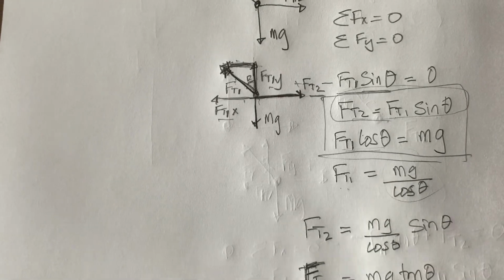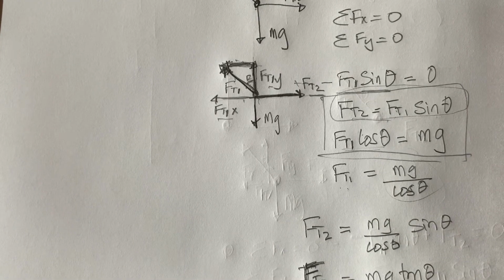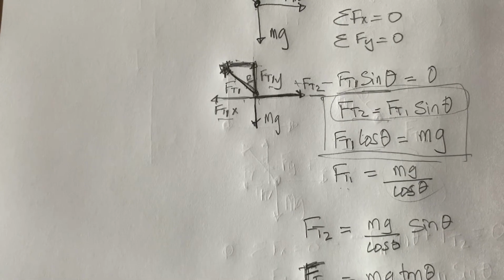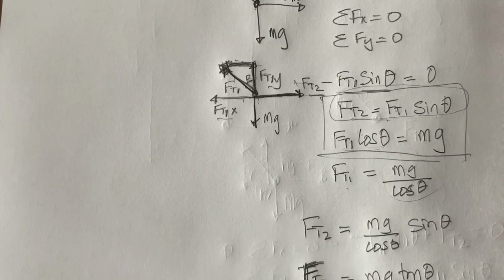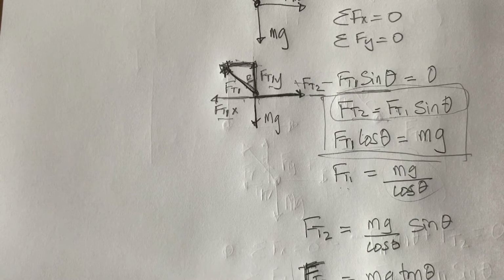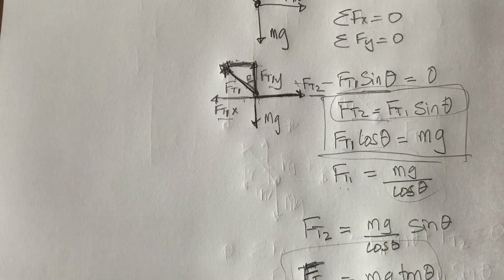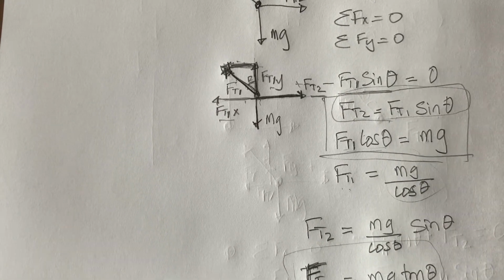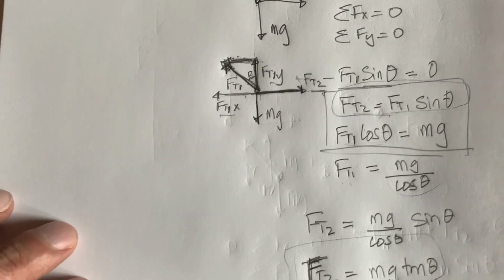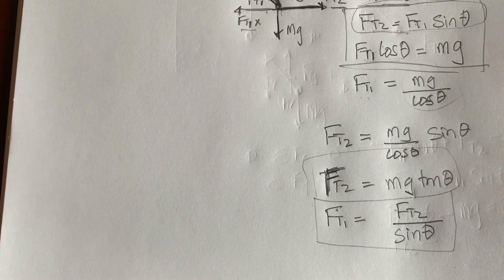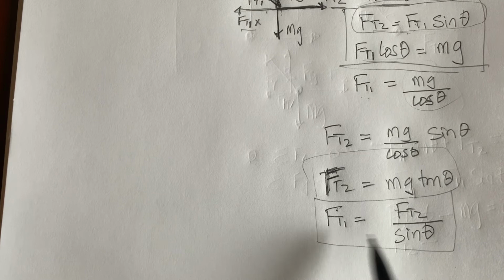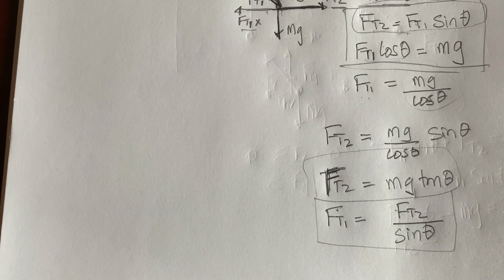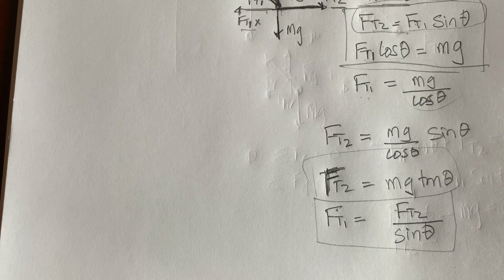So now it's just a matter of plugging in numbers. If m was, say, 3 kg and g, of course, is 9.8 and theta can be whatever angle, we could solve for FT2 and then FT1 using this. Oops, sorry. So you could use this to figure this out as well. And so that's how you would work on any problem like this.